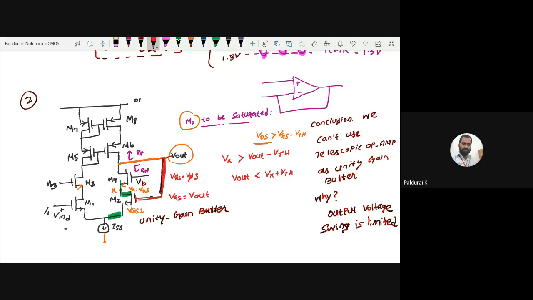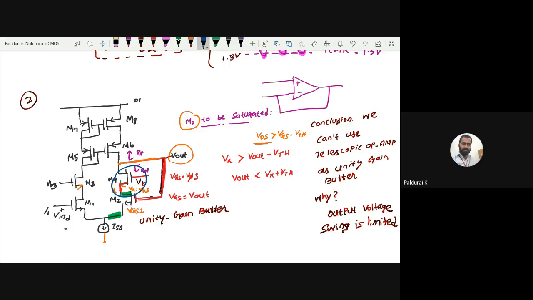Okay, now I want to find the value for Vx. What is my Vx? The voltage at this source, right? Here I am applying Vb. What is the voltage drop between this gate and source? That is my VGS4, right? Again VGS. So apply KVL at this input loop.